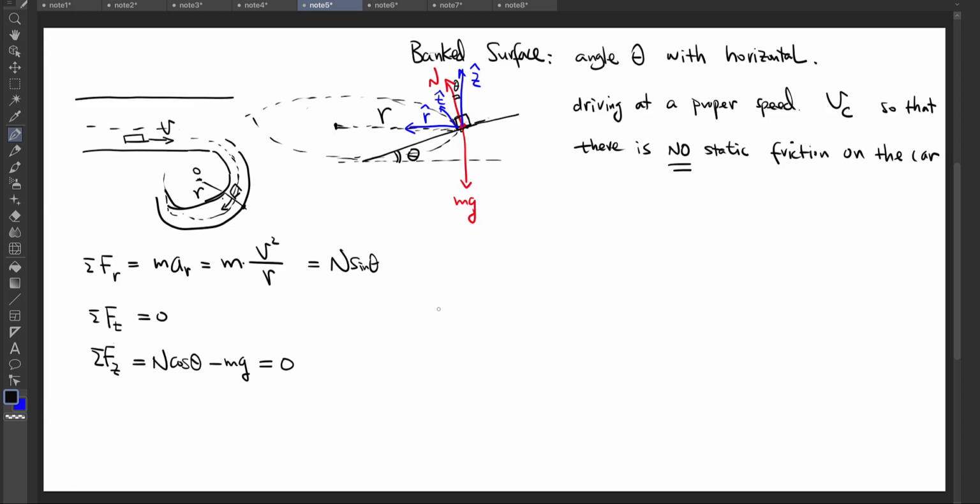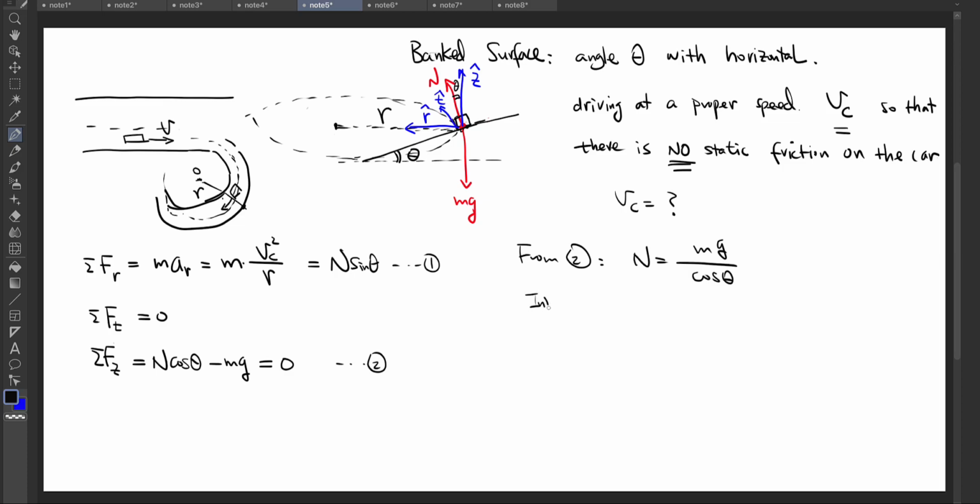So that's how we can calculate the proper speed Vc. Let's figure out what Vc is, so that there's no static friction. From equation 2, we get the normal force equals mg over cosine theta.